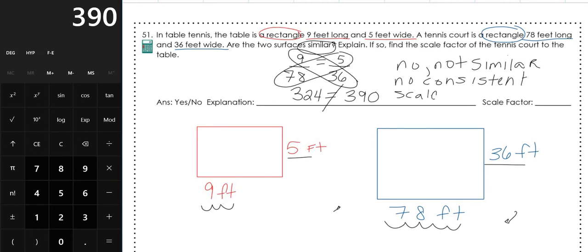You can also describe the fact that the sides are not in proportion, and they would need to be if they are similar. That would be our second explanation.